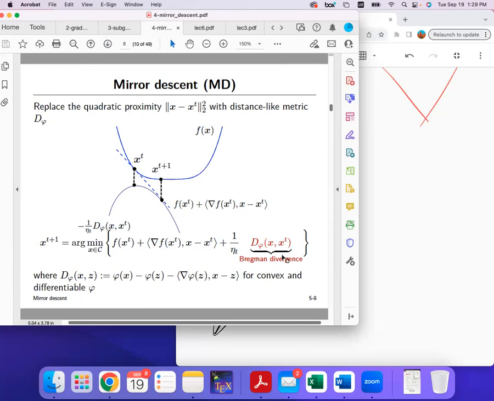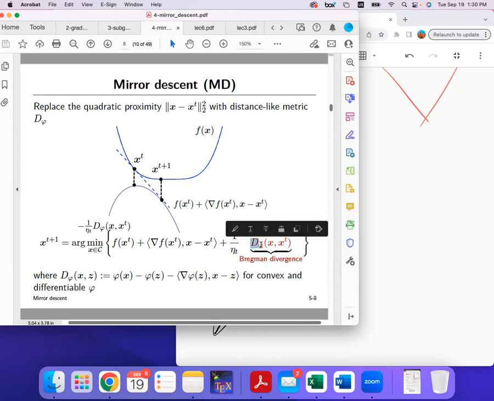Here we are no longer imposing the Euclidean distance. Instead, we impose a very general class of divergence metric. We call it the Bregman divergence. You can sort of treat this divergence as a metric that measures the distance between x and x_t, but in a different way, very differently from the Euclidean distance.